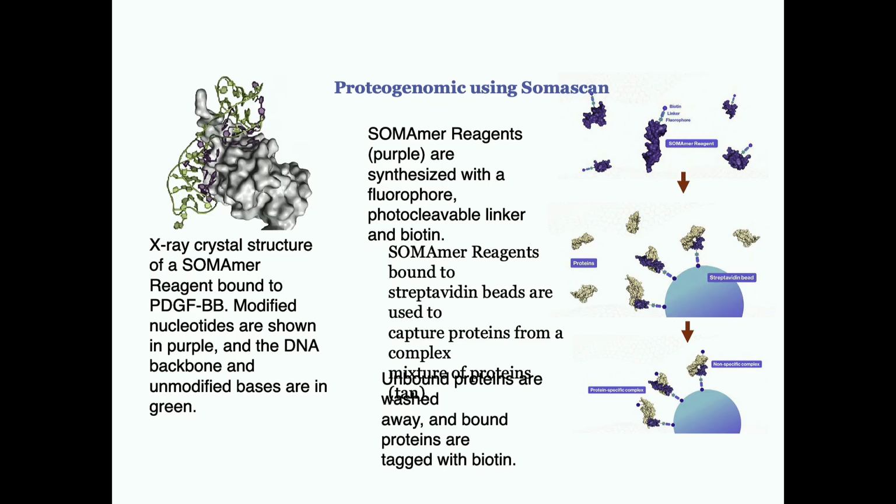In the case of SomaLogic, they are using something called aptamers. Aptamers are DNA molecules, nucleic acids, and those nucleic acids can recognize proteins. Essentially, the nucleic acid makes a tertiary structure that gives you binding pockets.